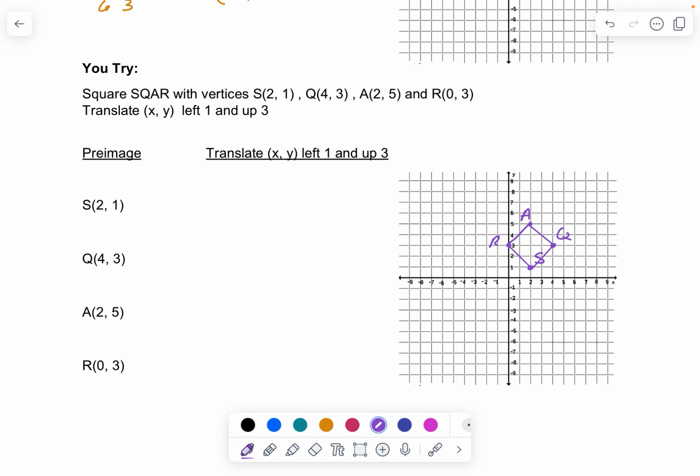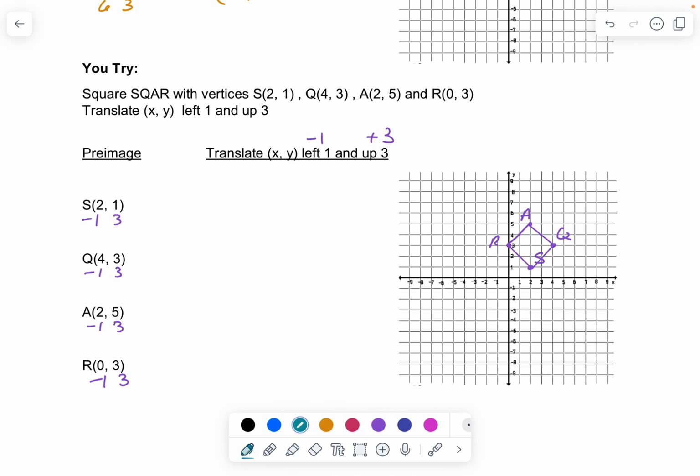Oh, maybe it's supposed to be a square. SQAR, square. All right, so we want to do left 1. Remember, that's like -1 and up 3.